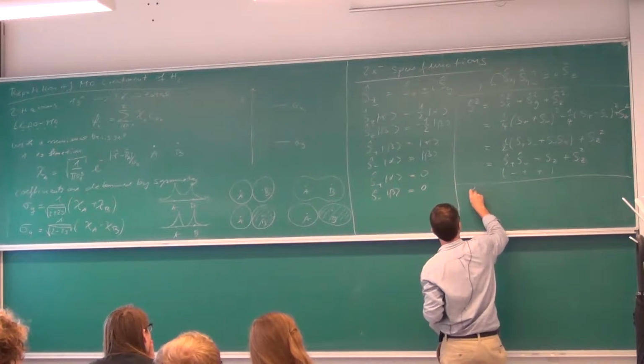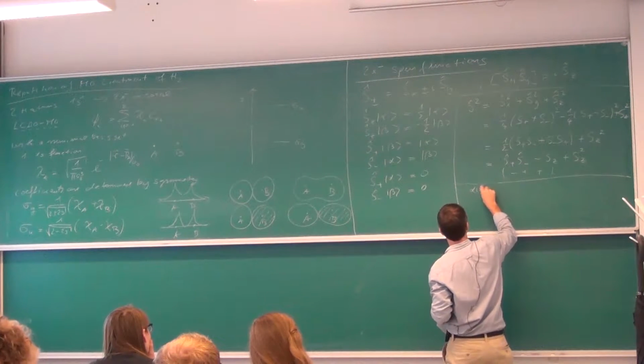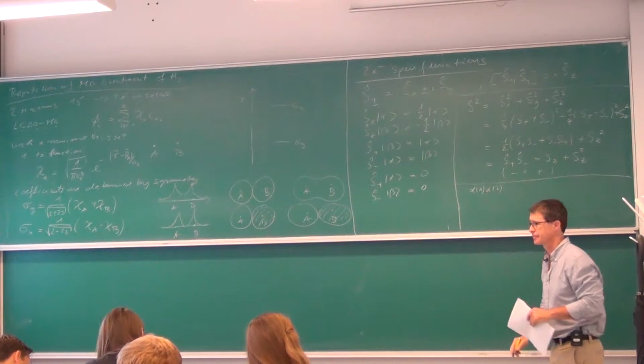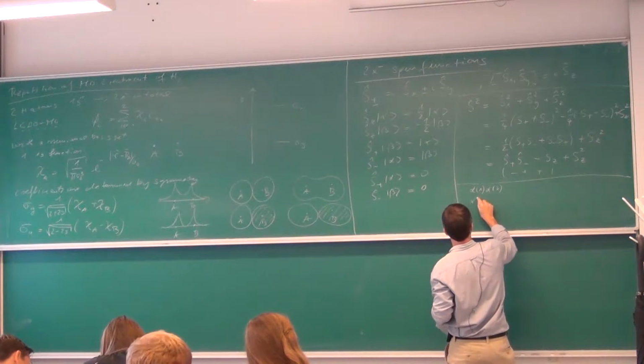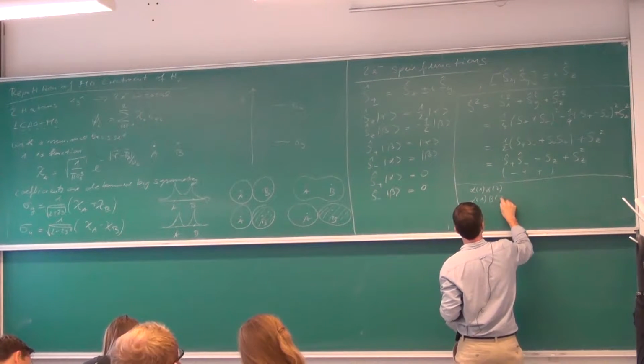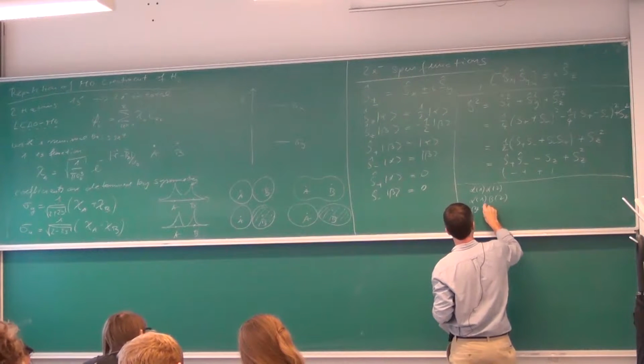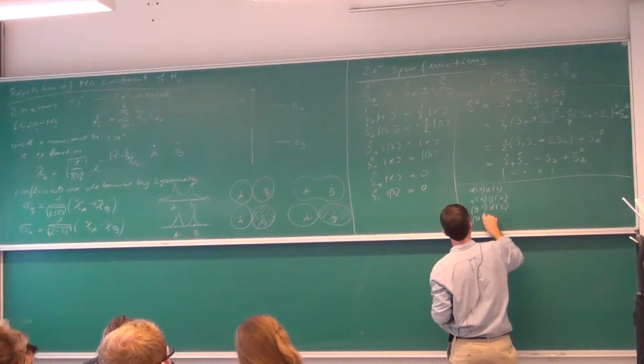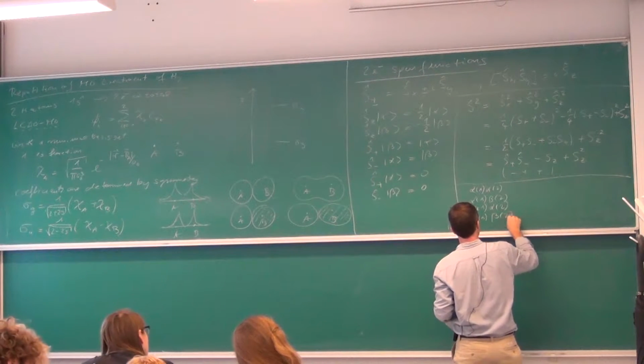We can have alpha for electron 1 and alpha for electron 2. We could have alpha for electron 1, beta for electron 2, beta for electron 1, alpha for electron 2, or beta for 1 and beta for 2.